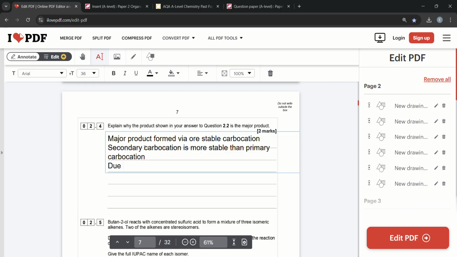Now, why is this so? Because secondary carbocation is more stable due to the positive inductive effect of 2 methyl groups as opposed to one methyl group.